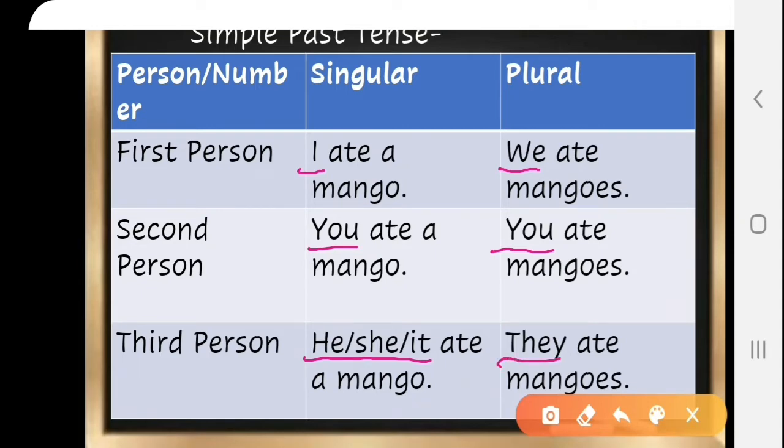These all subjects take only one form of the verb, that is simple past tense. Can you see here? The verb is all the same with all the subjects.